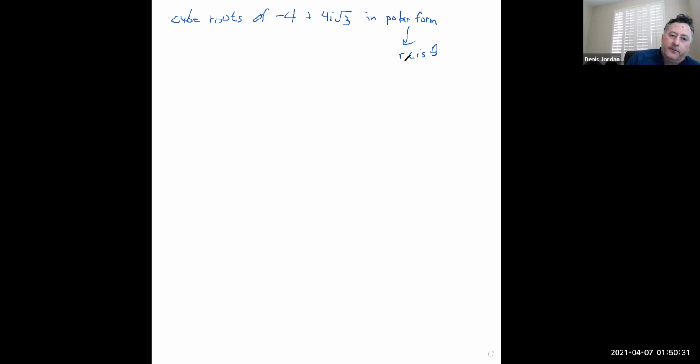Okay, so if you're looking for that polar form, the r cis of theta, you now need two things. You need the r and you need the theta. So how do you get them? Don't you take the third root of -4?